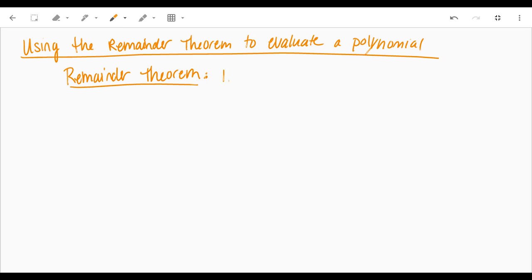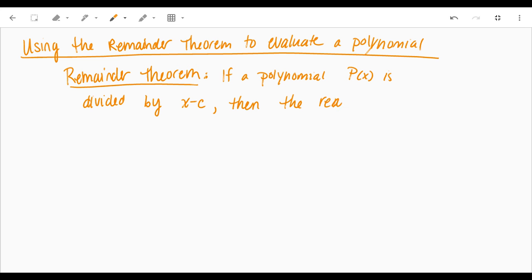The remainder theorem is: if a polynomial P of x is divided by x minus c, then the remainder is P of c.